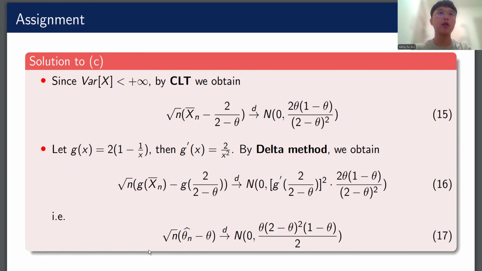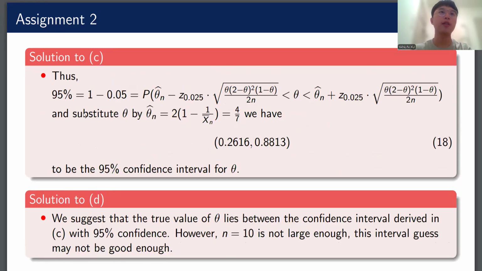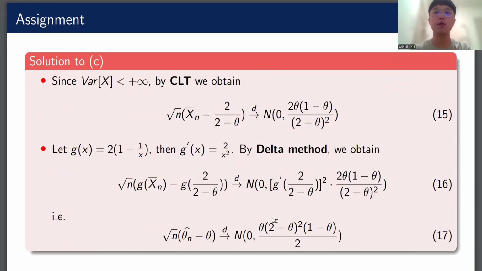Just like the first question of this assignment, using the properties of the normal distribution, we can get that 95% is equal to this probability. This one is the standard deviation, in fact, the square root of the variance of this normal distribution.